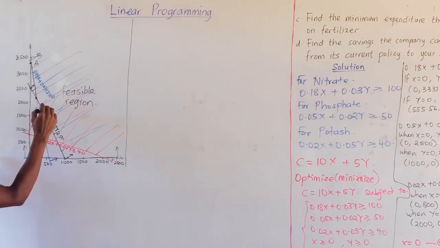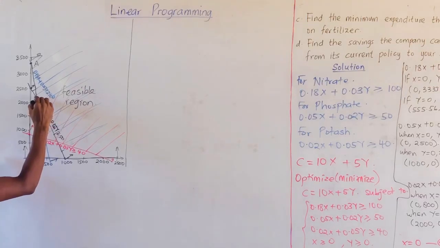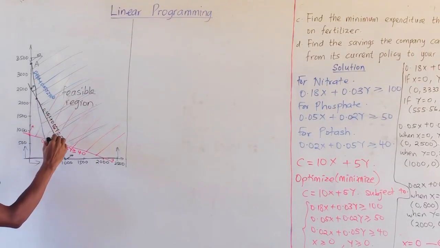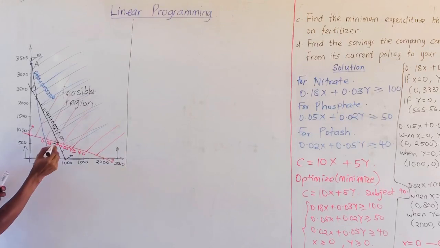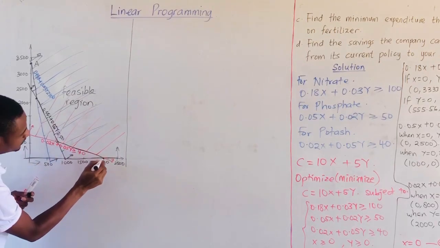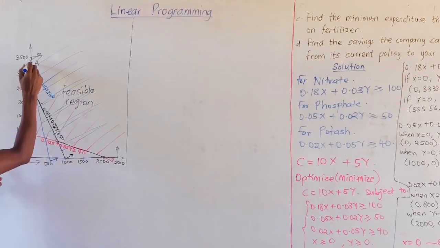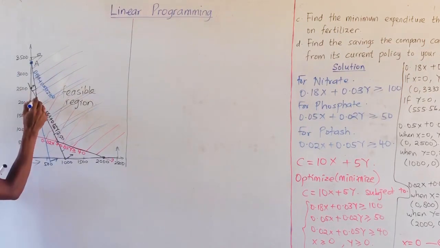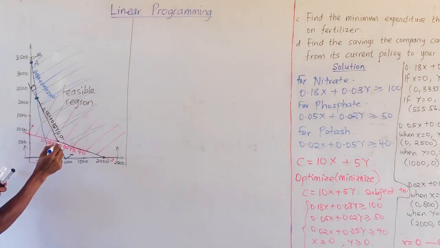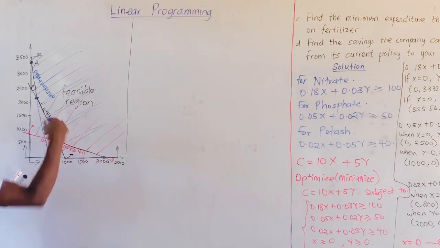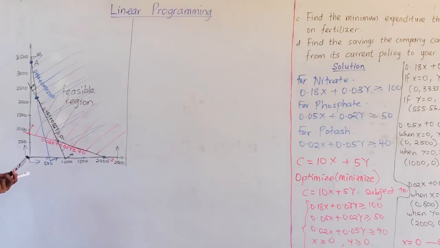We have another point here. Our feasible region has 4 boundaries, as can be observed, where all our shadings meet.